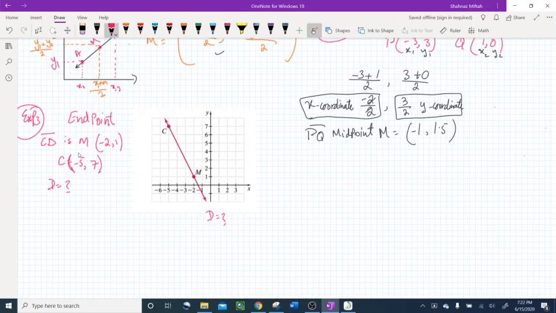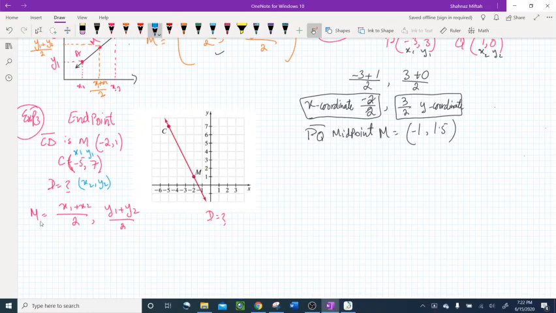Since they're giving me a midpoint, I'm going to use the midpoint formula. My midpoint formula is M equals x1 plus x2 divided by 2, comma, y1 plus y2 divided by 2. Now, which one is x1, y1? You just have to label them the way you want. For example, the C point is my x1 and y1. For D, I have x2 and y2 that I don't know and I'm looking for.